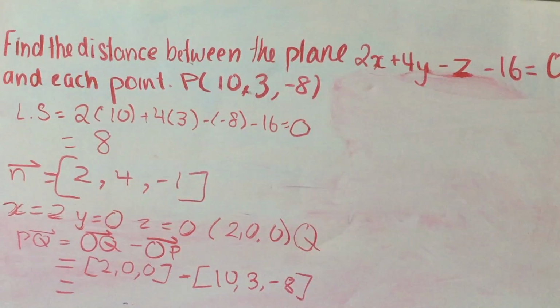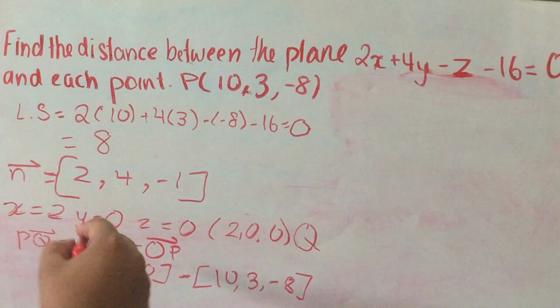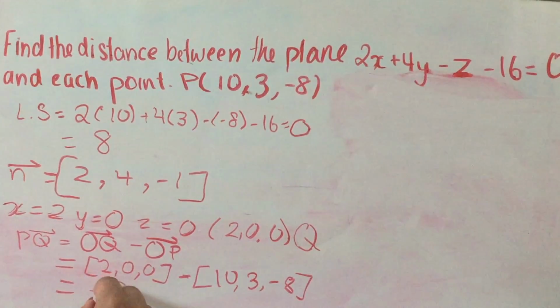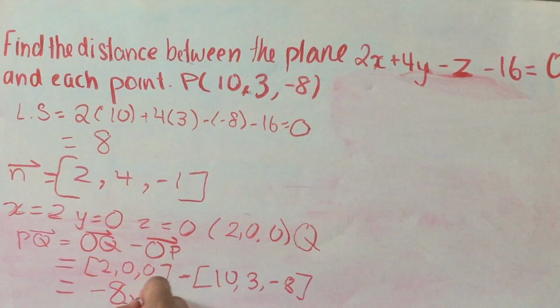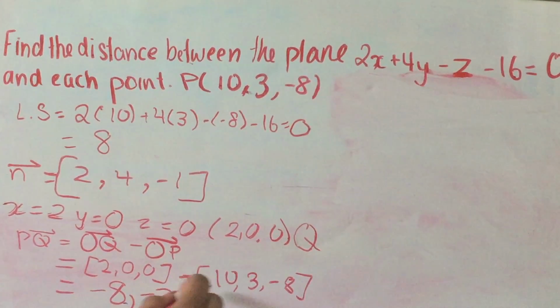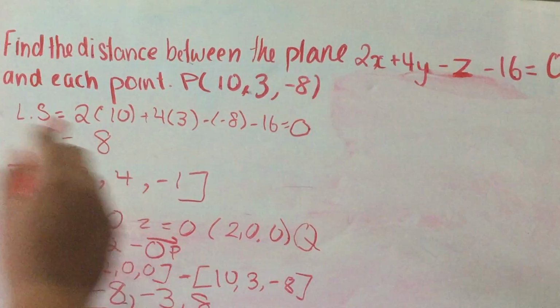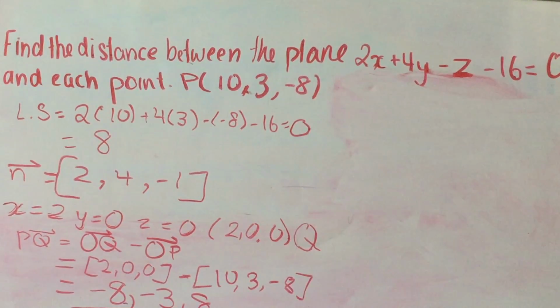So PQ is going to be 2 minus 10, which is negative 8, and 0 minus 3, which is negative 3, and 0 minus negative 8, which is going to be 8. And that's going to be our PQ vector.